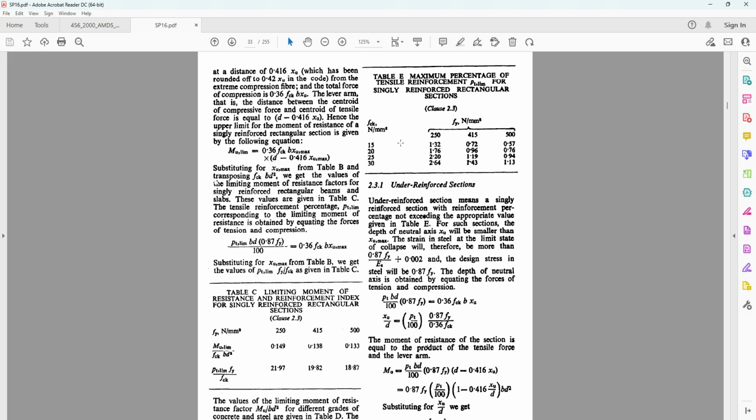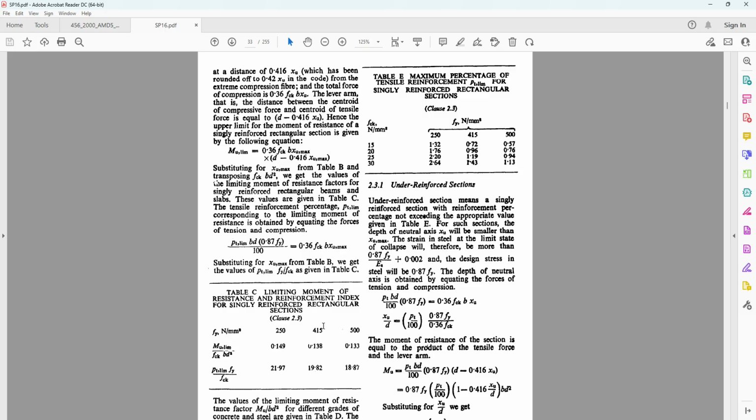So table C, yes, here you have table C on page number 10, limiting moment of resistance. So for 250 grade it is 0.149, for 415 it is 0.138, for 500 it is 0.133.